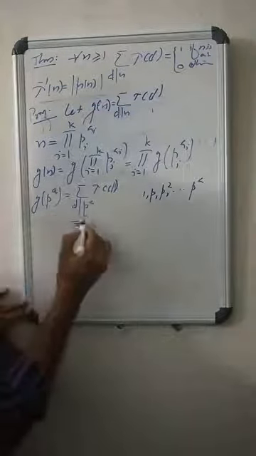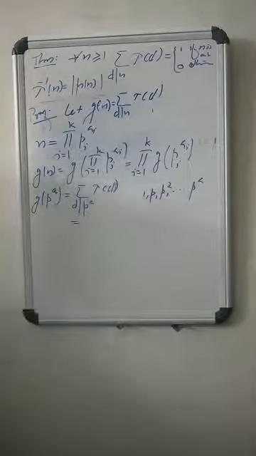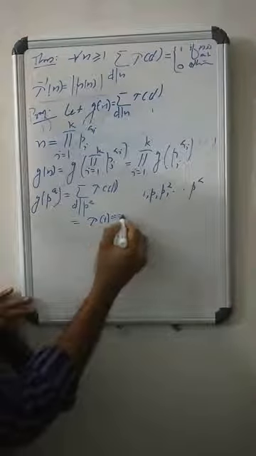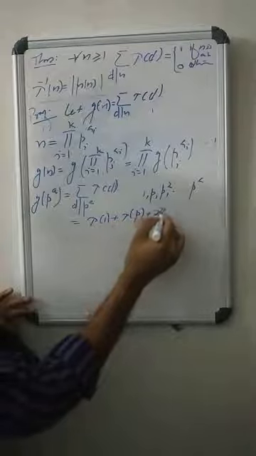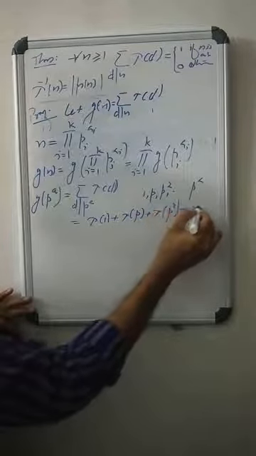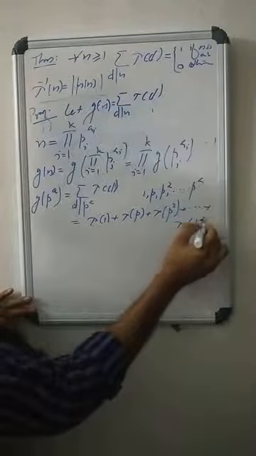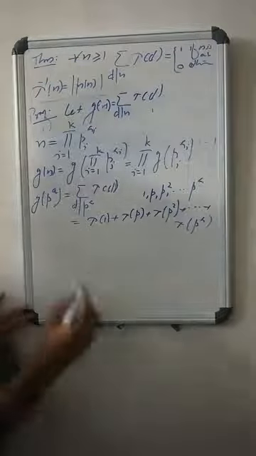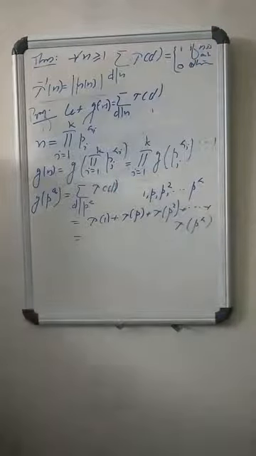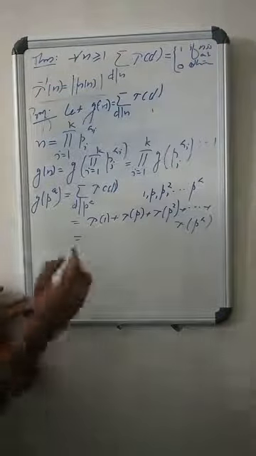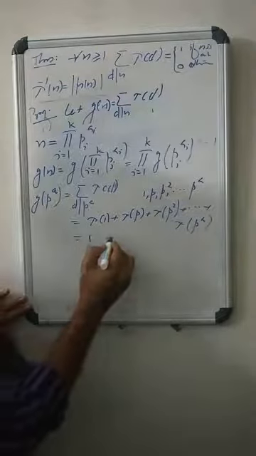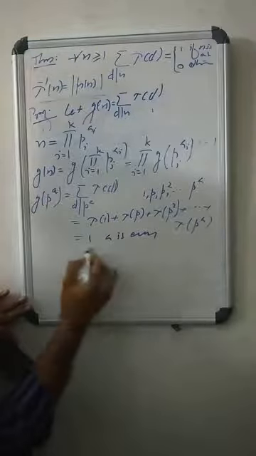So that equals lambda(1) plus lambda(p) plus lambda(p square) plus etc. plus lambda(p^a). Agree? Now that equals 1 plus minus 1 plus and so on. So it equals 1 when a is even.